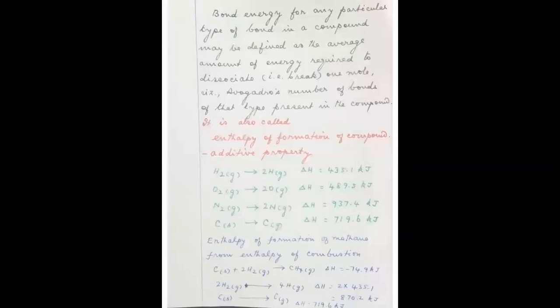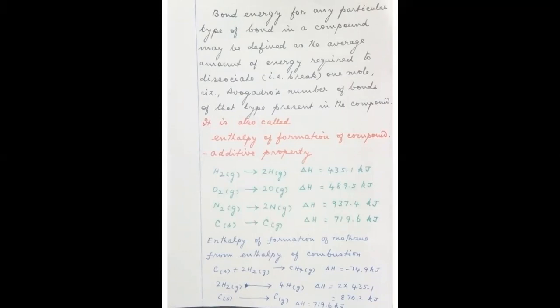Now, next, another important topic is bond energy. Bond energy for any particular type of bond in a compound may be defined as the average amount of energy required to dissociate, that is to break, 1 mole, that is Avogadro number of bonds of that type present in the compound. It is also called enthalpy of formation of the compound.